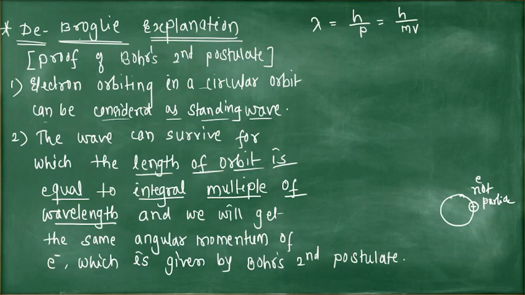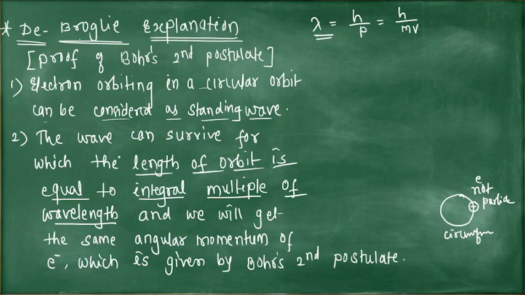The standing wave can form or survive in the orbit for which the length of orbit, means circumference, is equal to integral multiple of wavelength. Wavelength is this wavelength, that is de Broglie wavelength.